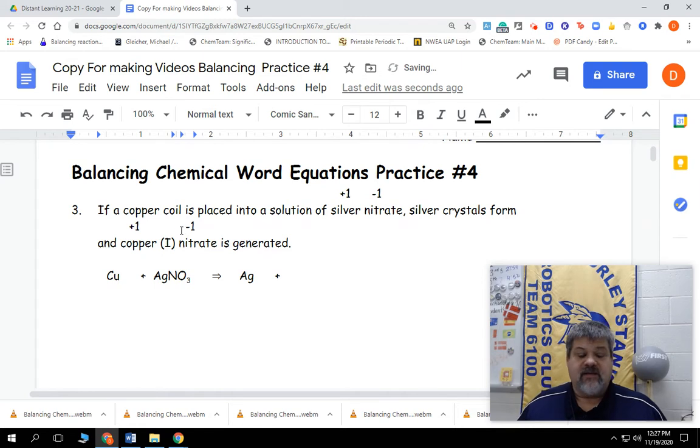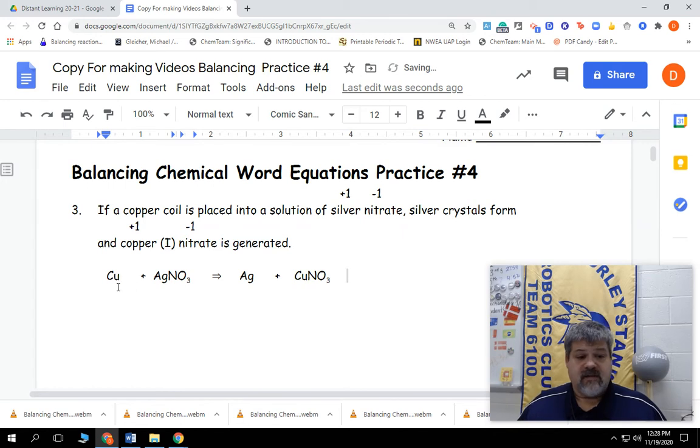They already cancel each other out, so we do not need to crisscross. We don't need to calculate it out. We just know that we need one of each one. So we're going to come back over here and say copper, which is Cu, and then nitrate, which is NO3. I just want to double check again, copper. It says copper 1, so there's only 1, so that's good. So it's a 1-to-1 ratio.